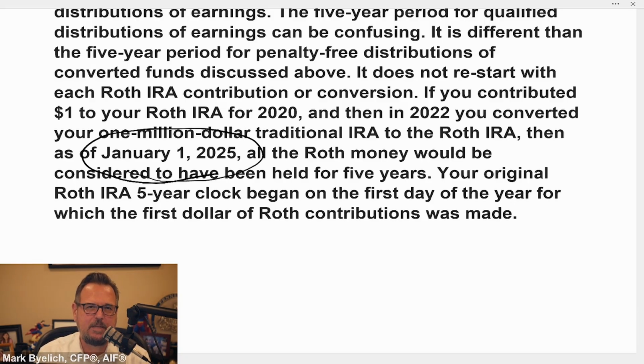So what that means is, even if you open a Roth IRA on December 31st of 2025, you have almost 1 year into that time clock already for your 5-year rule requirement. So even if it's the very last day of the year, you basically have 1 year under your belt already.